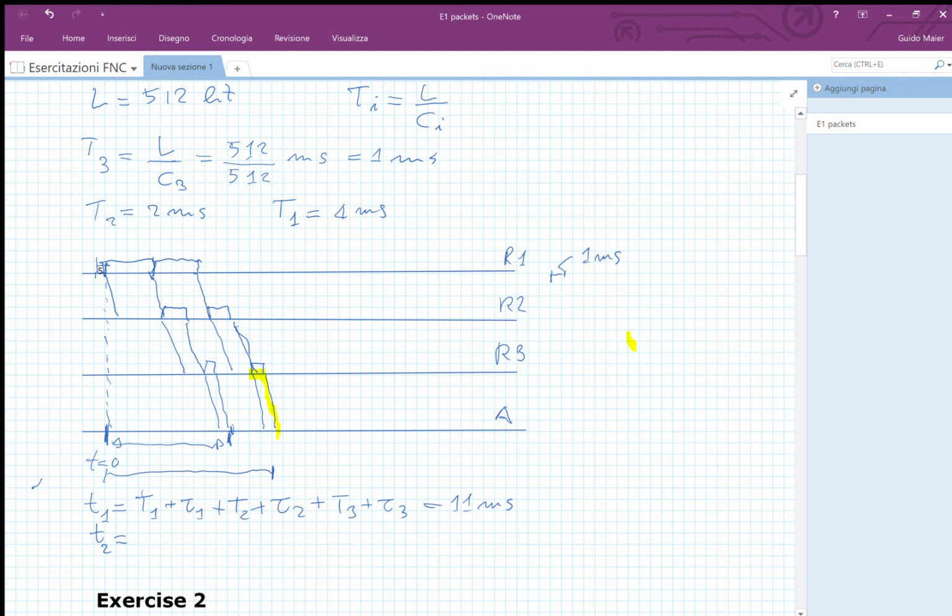Then you find the segment that is going up, and you follow that segment. You arrive at the axis representing R2. You don't have anything going up immediately, so you follow the horizontal direction. And now we are there. Then you find the next segment that is going up. And then you move horizontally until time t equal to 0.